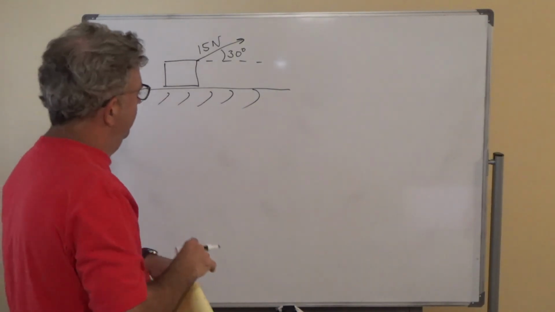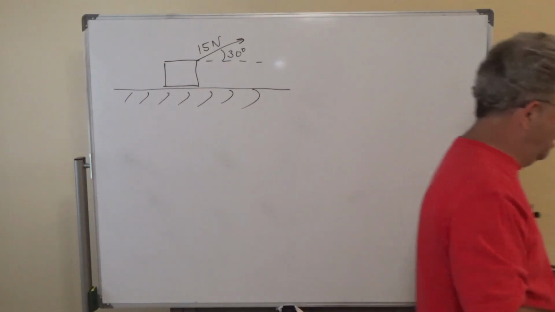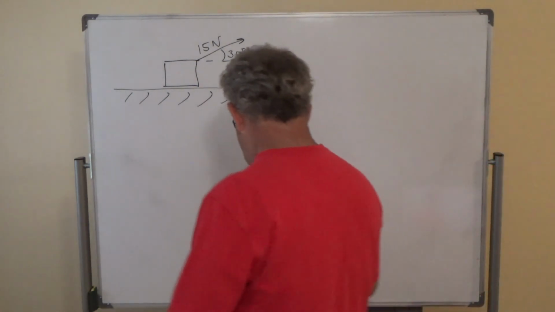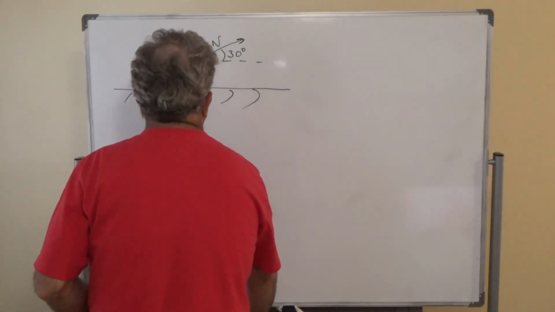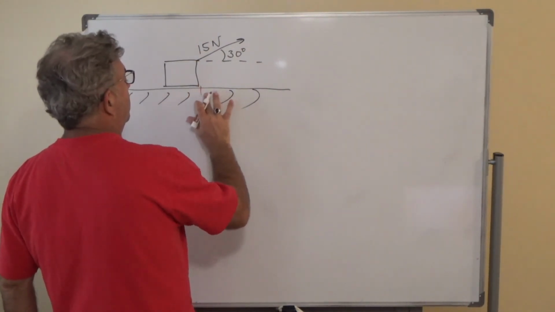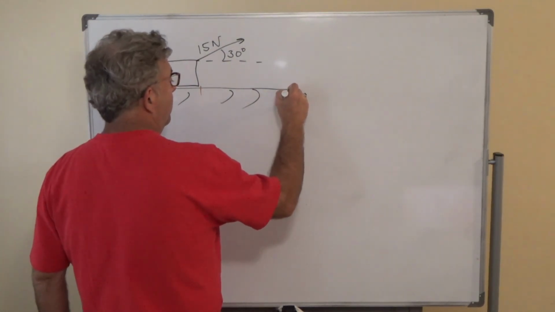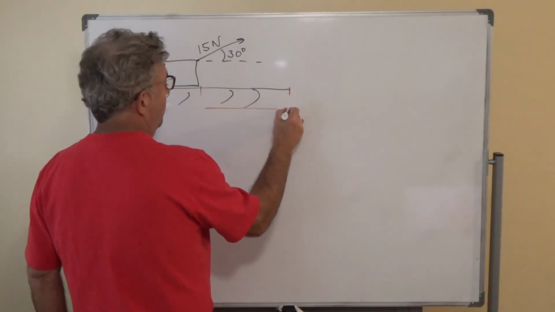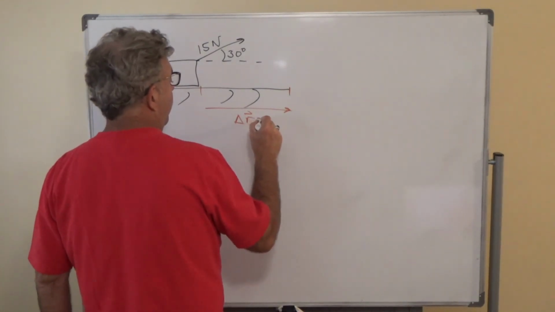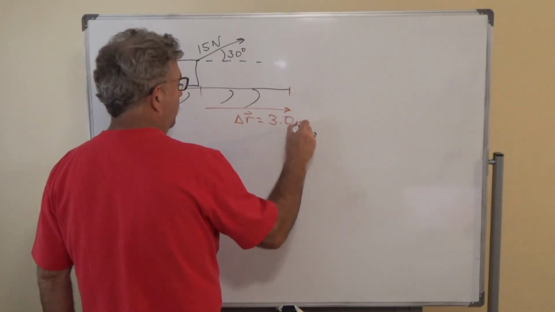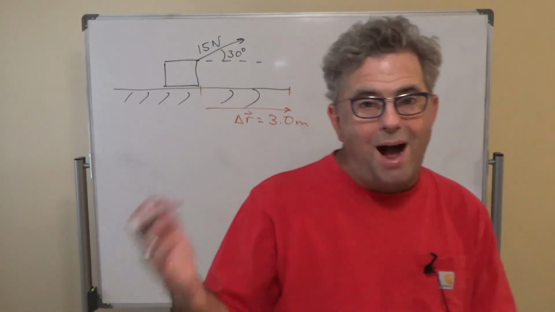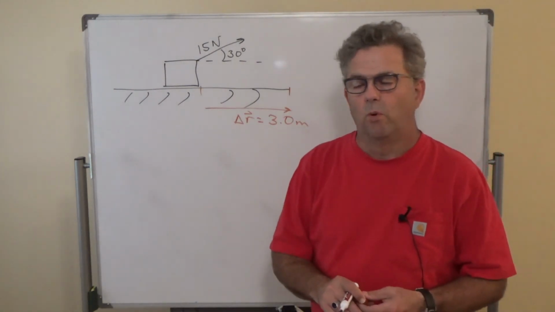So let's say that this object moves from here, so starting here and ends up over here, and it has a displacement delta R that is equal to 3.0 meters. How much work was done on the object by the 15 newton force?